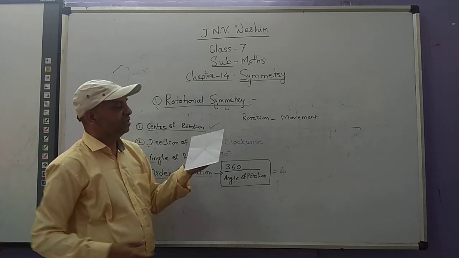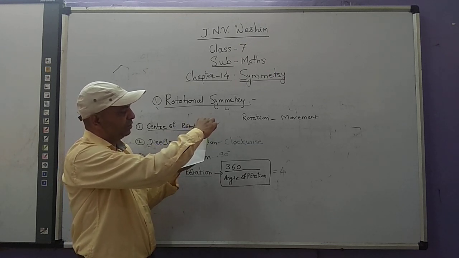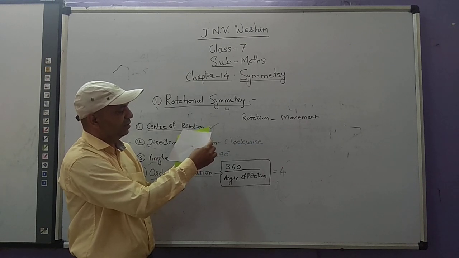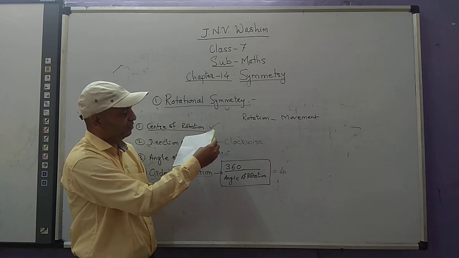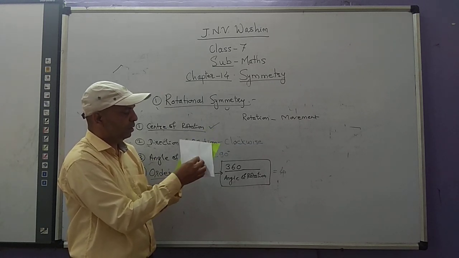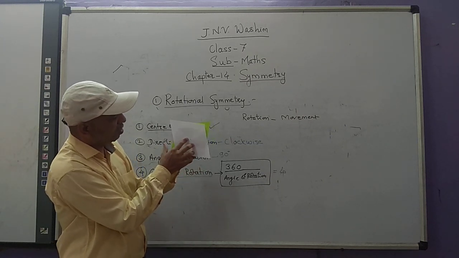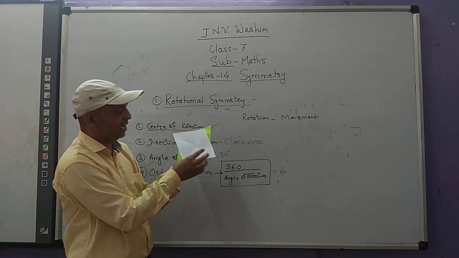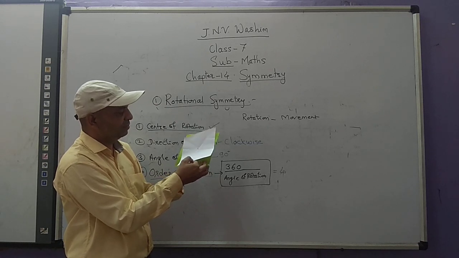So observe, suppose I keep one as it is and rotate another through 90 degrees, like this. Have you seen the shapes coincide with each other? No, it has no coinciding.